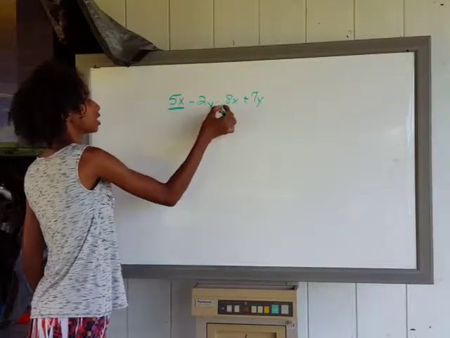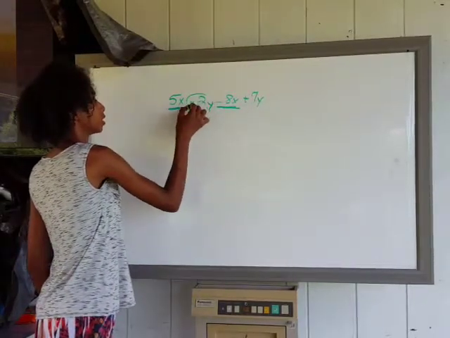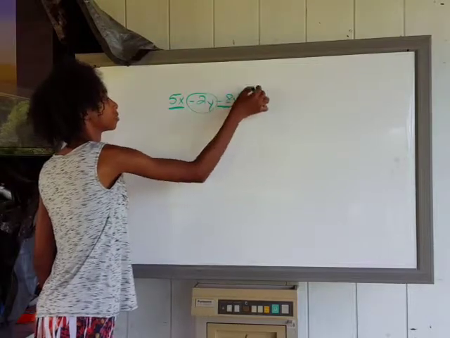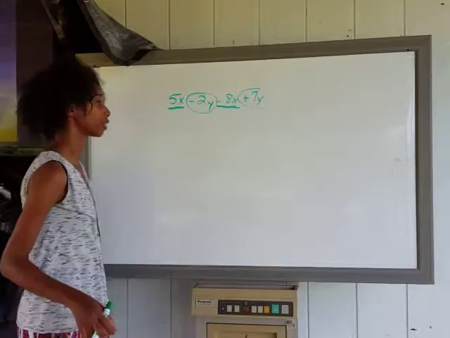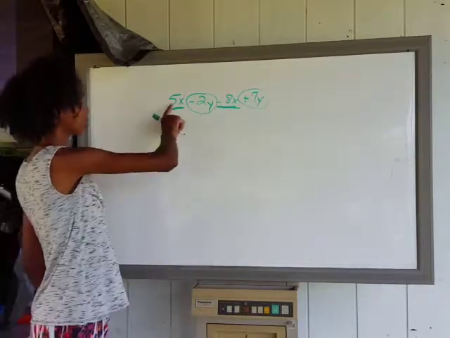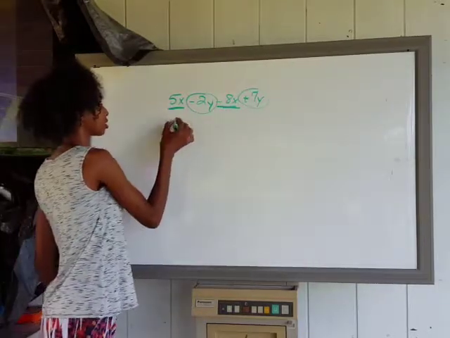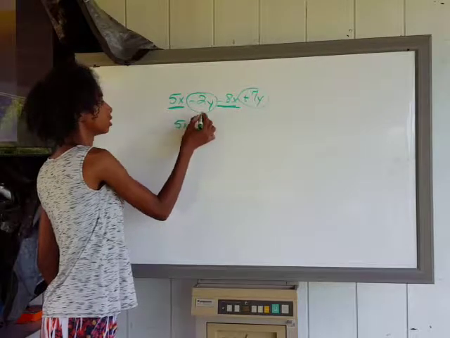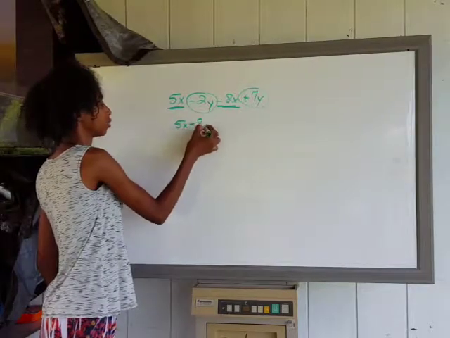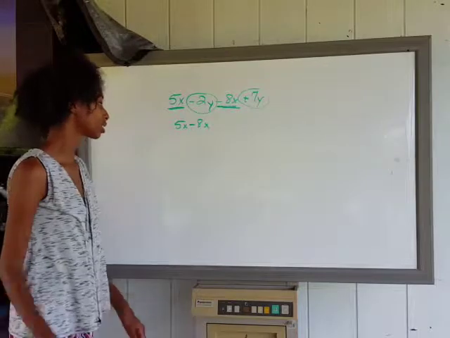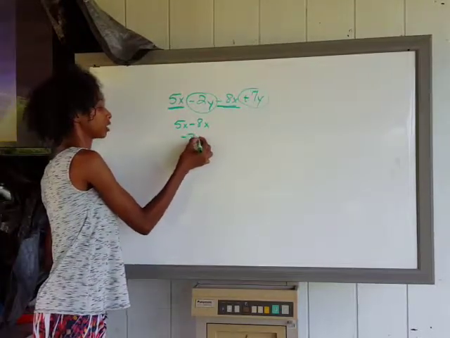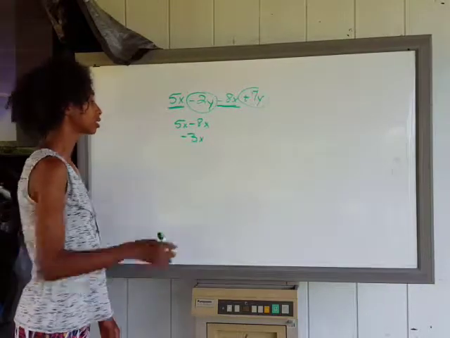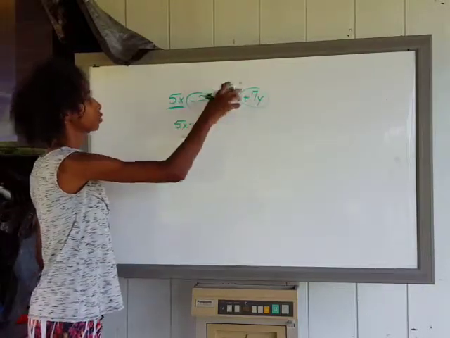So these are the same and these are the same. And you want to keep the sign that's in front of it with the number. So this is going to be 5x and negative 8x, which reads as 5x minus 8x. So 5 minus 8 is negative 3. So that's negative 3x.